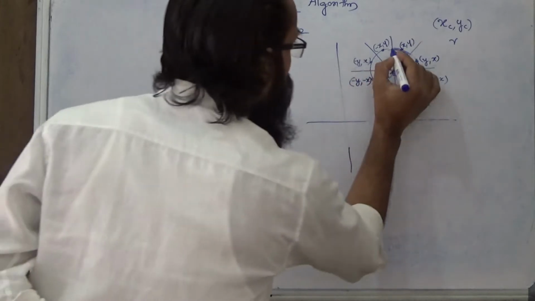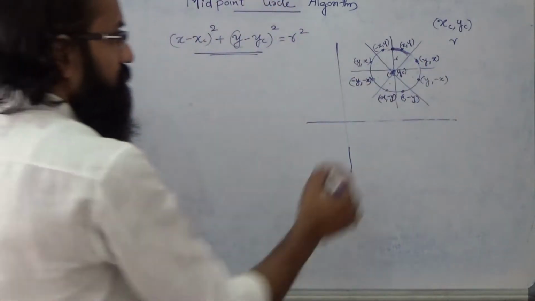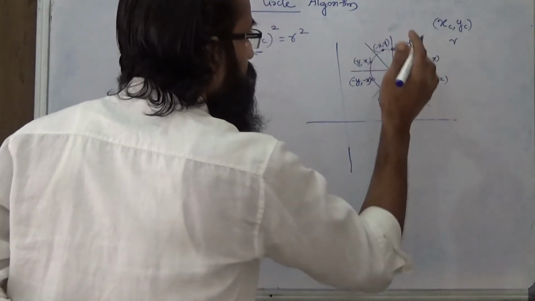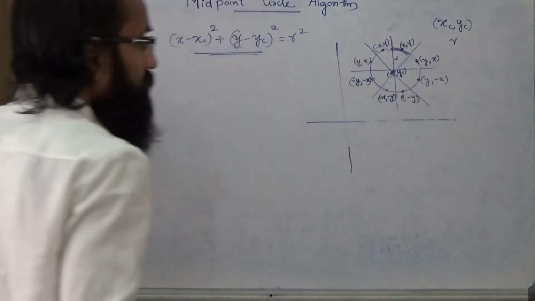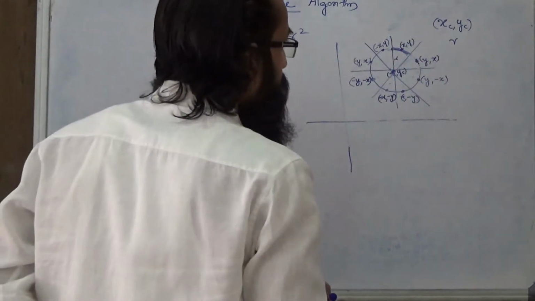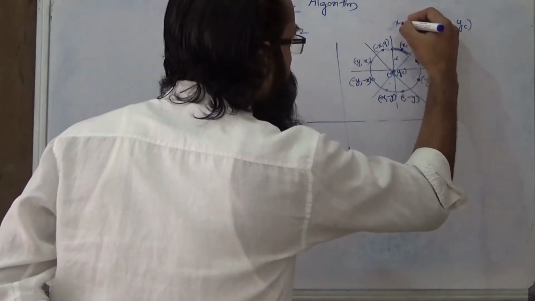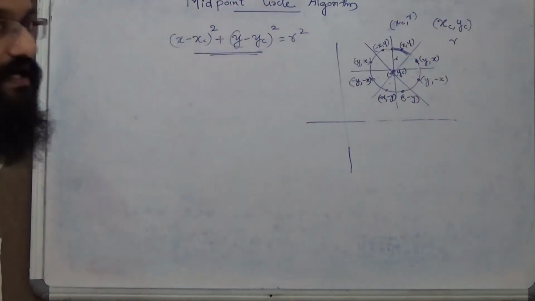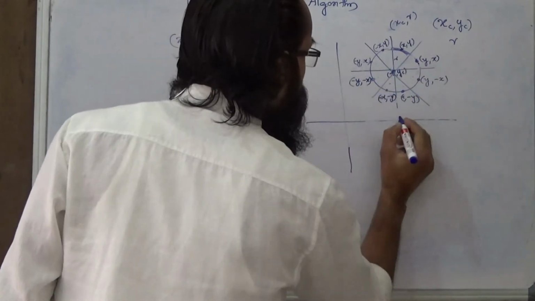You can start plotting the point from this particular position. This point will actually be xc, yc plus r.